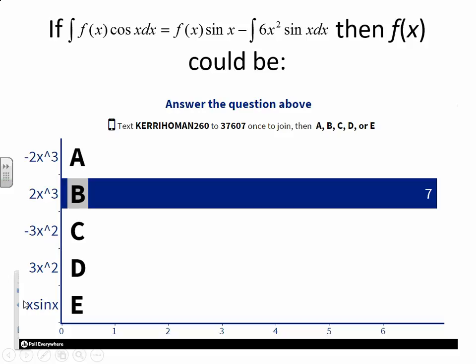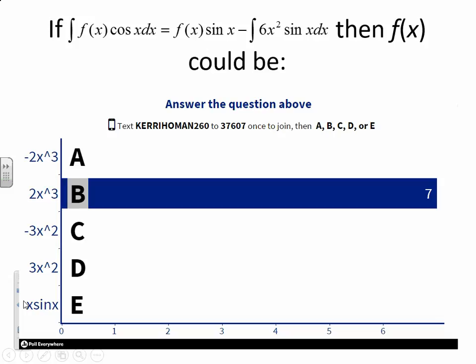So if we have f of x cosine of x dx, and this would be our integration by parts setup, how do we know what f of x is? There will be at least one multiple choice question on your quiz. The model's kind of like this, or like the one that we did at the beginning of class.